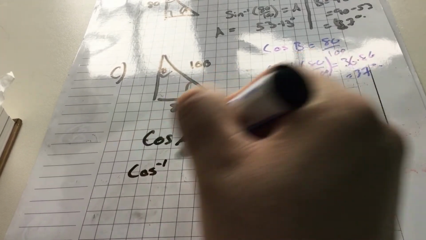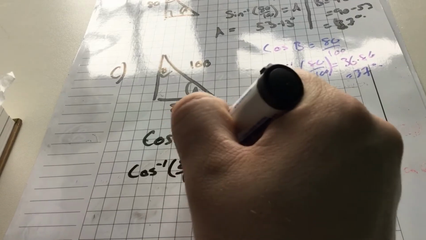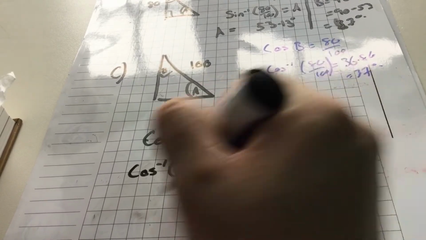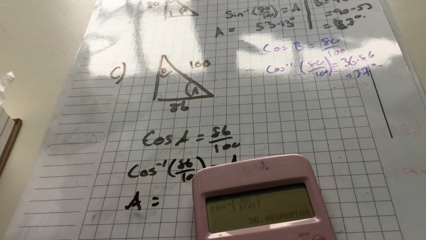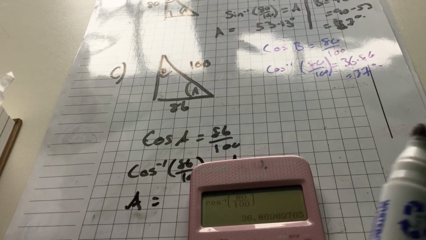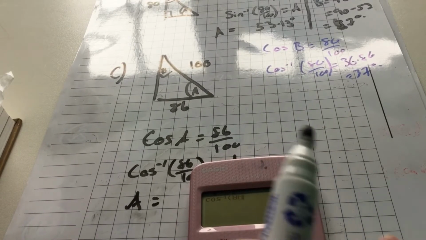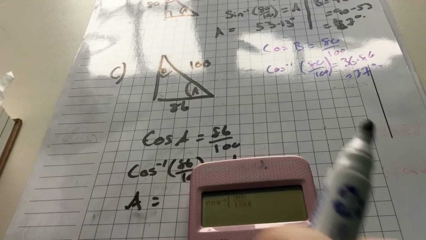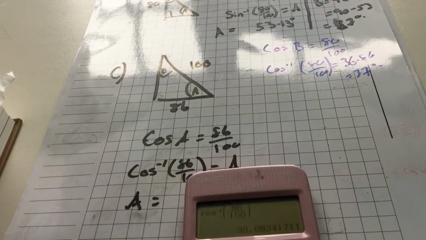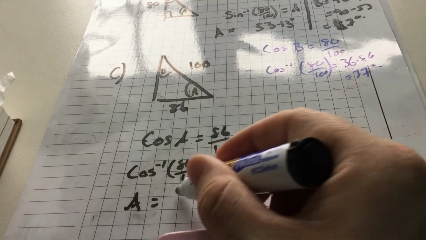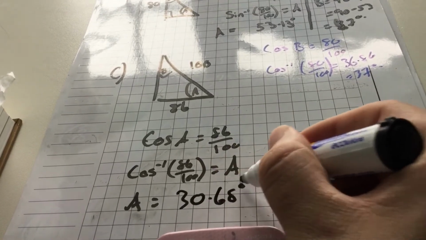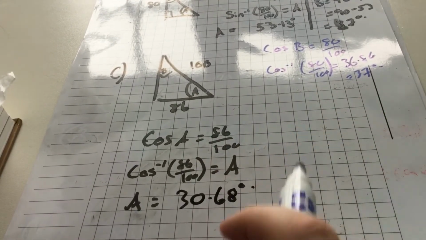So then I'm going to do the inverse of cosine of 86 over 100 equals angle A. Shift cosine 86 over 100. 30.68. Okay, 30.68.